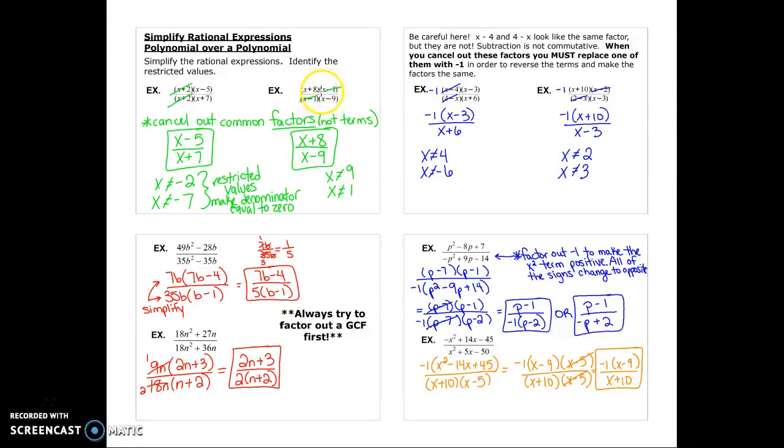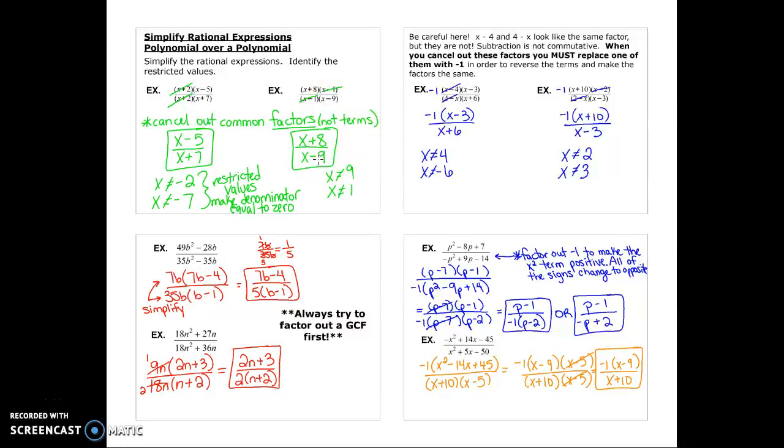Well, they both have an x minus 1. And it's okay that they're diagonal from each other technically. They're not right above each other. They're in the same fraction. Okay, this is all in one fraction, so you can cancel. 1 in the top, 1 in the bottom can cancel out. So the x minus 1s are both gone, which means you're left with an x plus 8 in your numerator and the x minus 9 in the denominator.